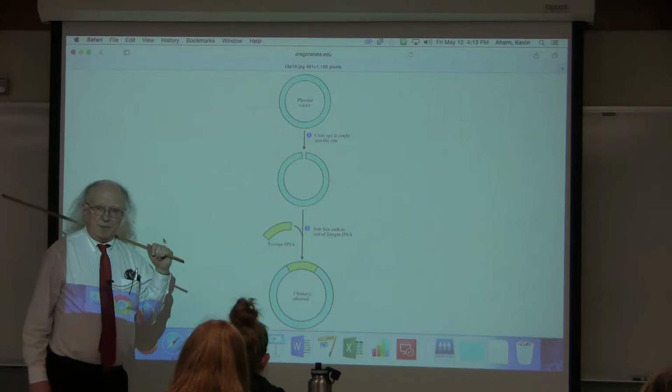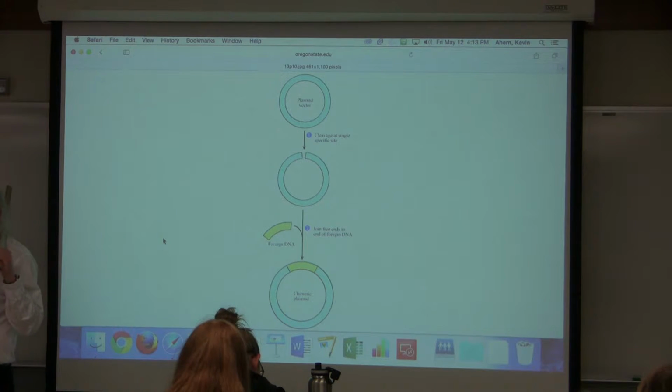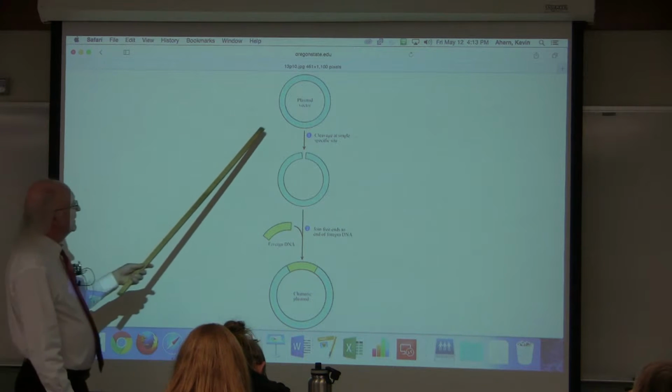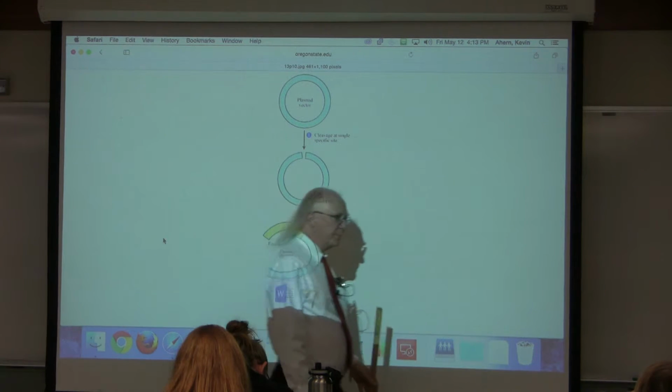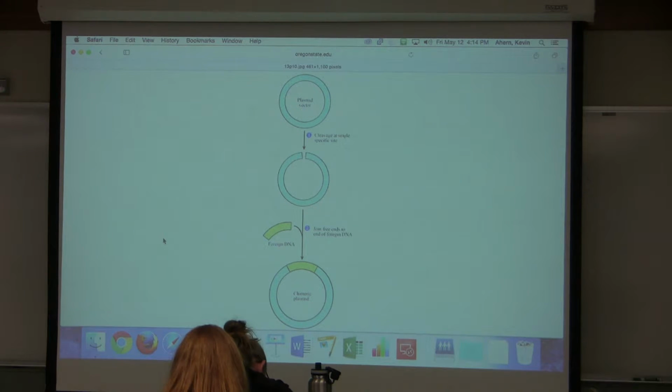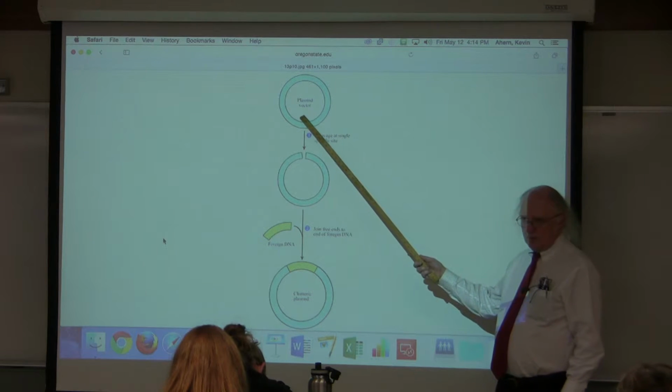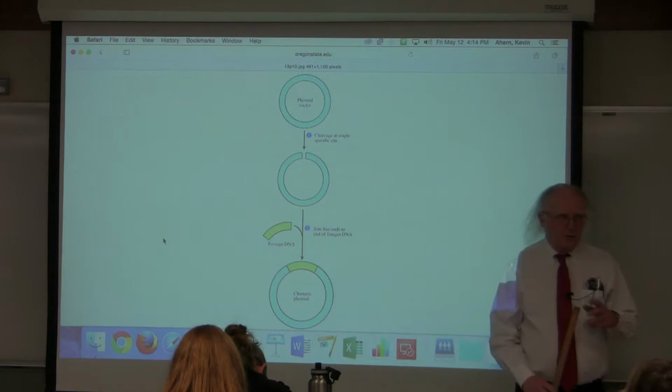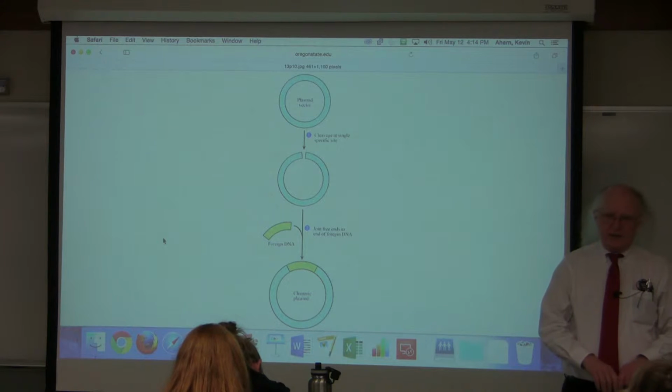Making of recombinants typically involves using a molecule called a plasmid. And a plasmid, to give you a definition, is a circular DNA that is replicating in a bacterial cell. So that means it has an origin of replication. It is circular, meaning it has no ends.